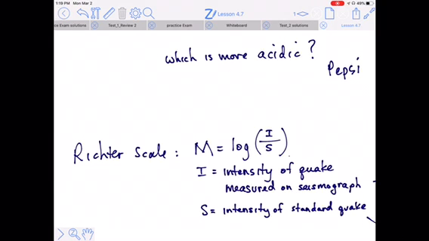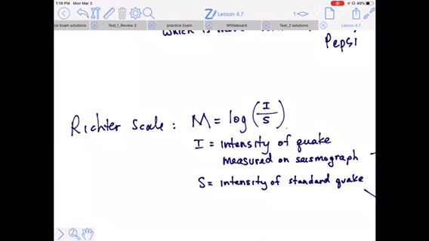Another logarithmic scale is called the Richter scale. I'm sure you've heard of it. It was developed by a scientist, last name Richter, that's why it's called the Richter scale, back in the 1930s. It measures the energy output of an earthquake by looking at what's called the intensity. That's what these two numbers here are.